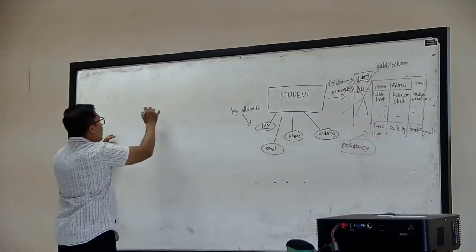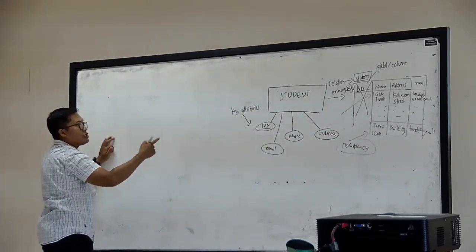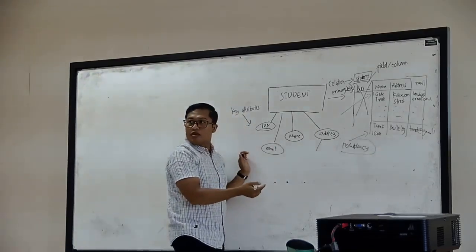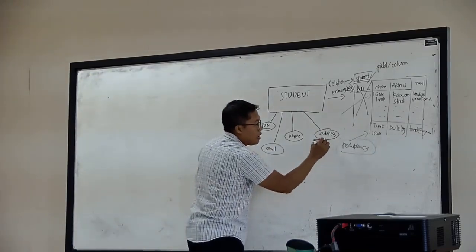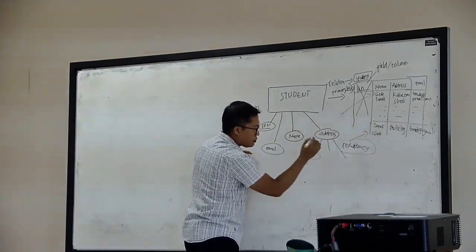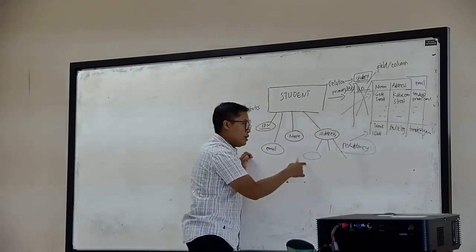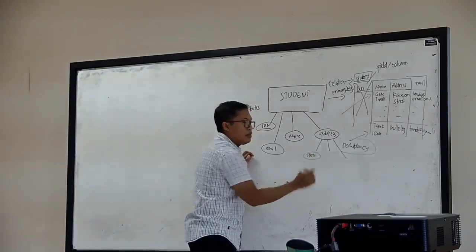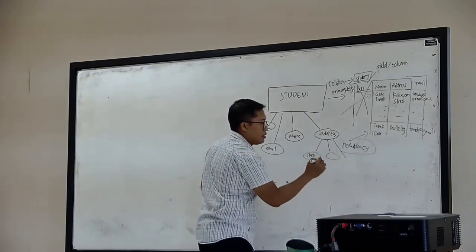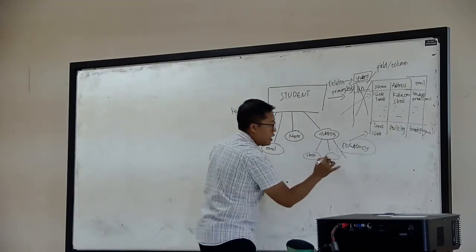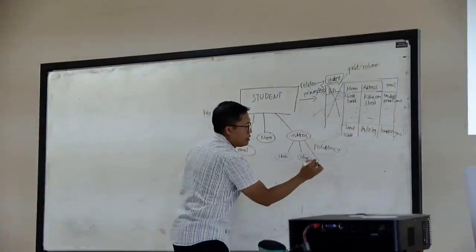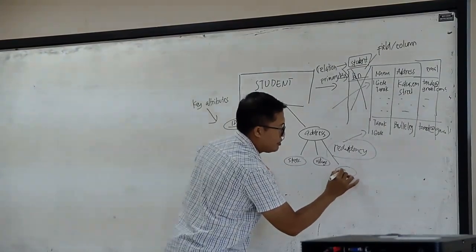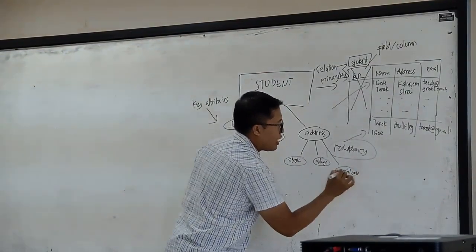For example, if we have a student, we have address. Did you know that address is a composite attribute? Part of address can be street, and then village, postal code.